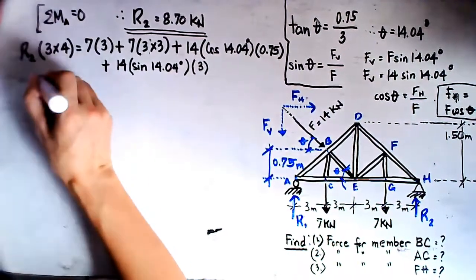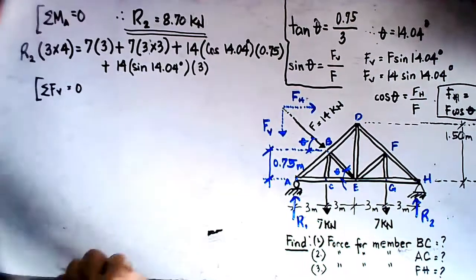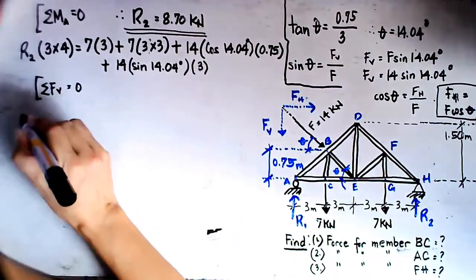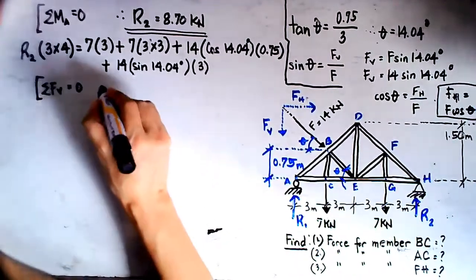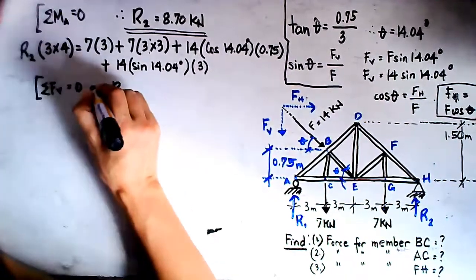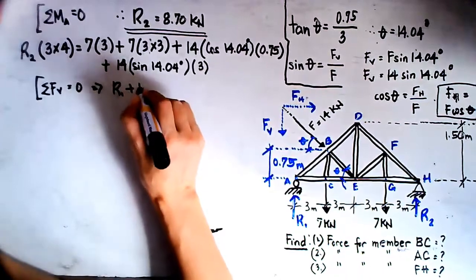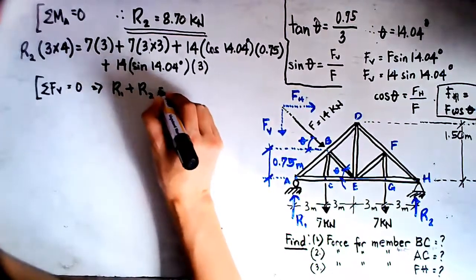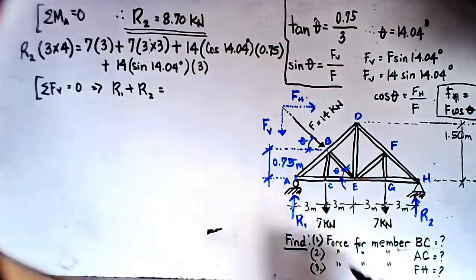Summation of forces vertical equals 0. That would mean that the reaction 1 added to the reaction 2 should be equal to all the forces going downward.